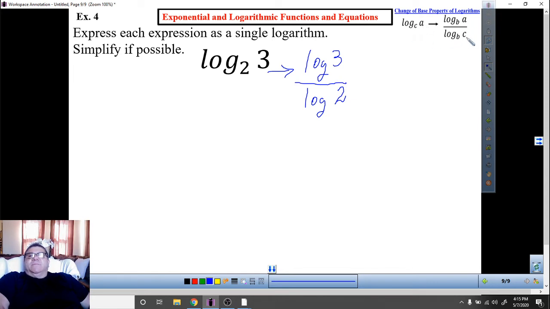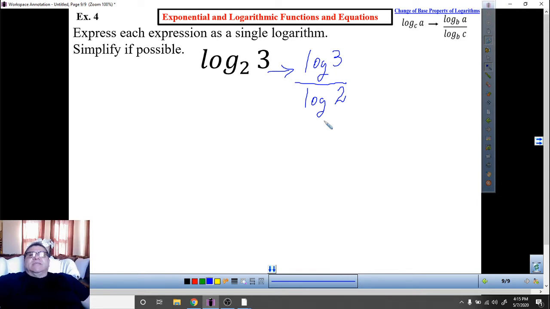Log given number c. Log given number a, which is 3, and log given number b, which is 2. So some of you are like, so what's the base here, Mr. Q? Well, if it's invisible, what's the base? Yeah, an invisible 10, remember that? Yeah, but for right now, we're up to right there. So far, so good? Okay.